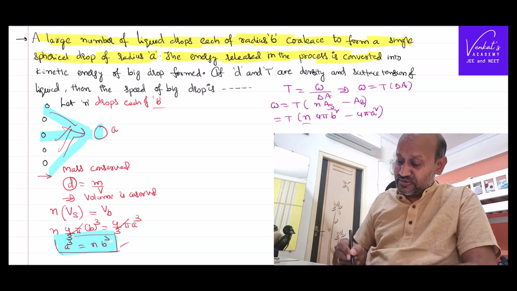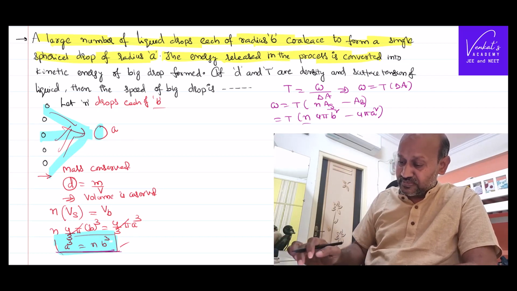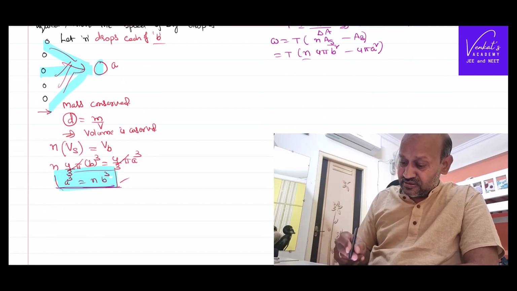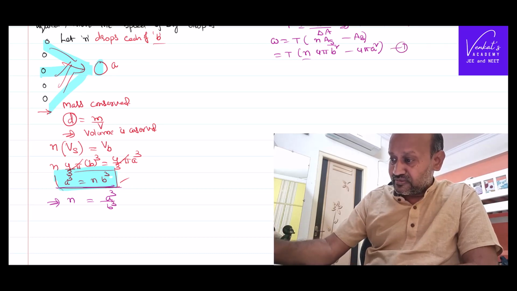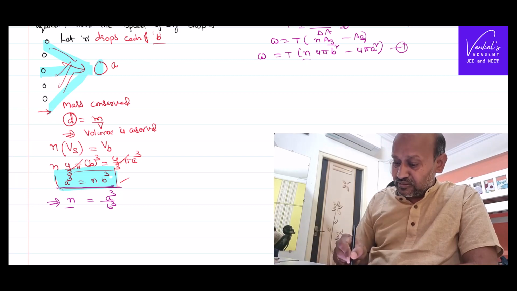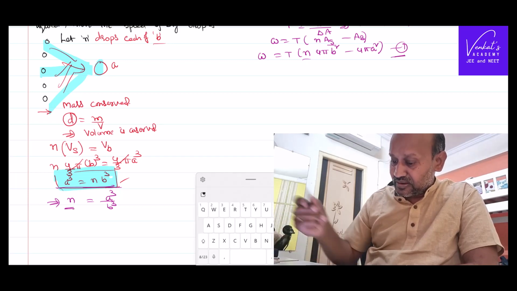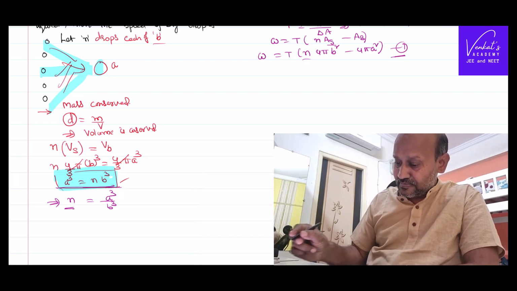Now we know the value of n, right? So I will substitute this value from here. Let me just rearrange the terms. From here, n can be written as a cube by b cube. I'll call this equation number 1 and substitute the value of n in this equation.